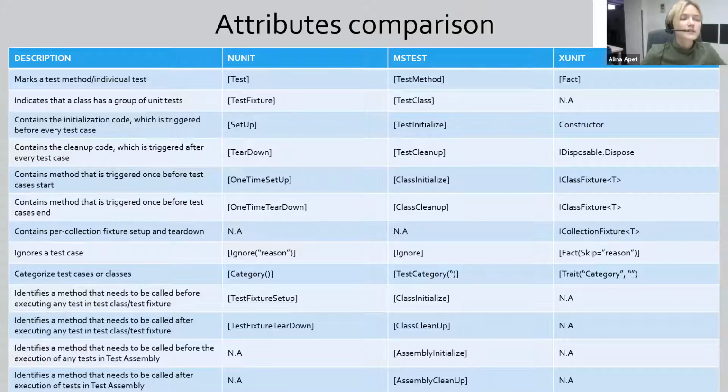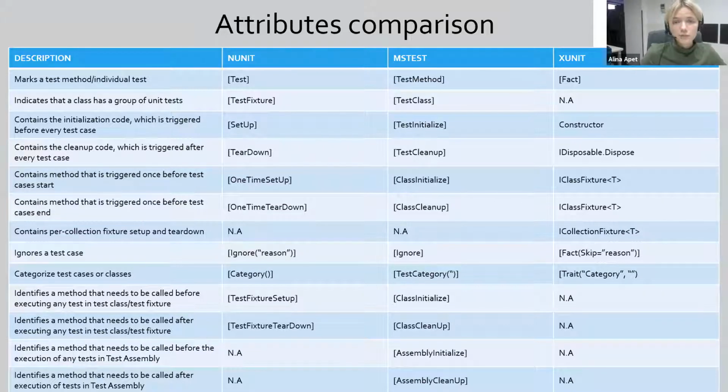We can also add a Category attribute. For example, if we need to categorize some tests or test classes by some features, by some areas. And what else? I actually listed the most simple attributes, not to overload you with new information, especially those of you who didn't have any experience with unit testing before.